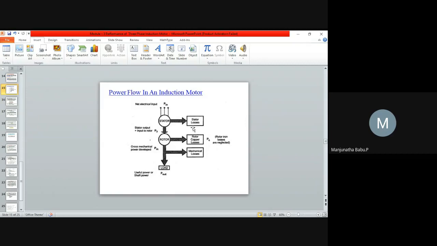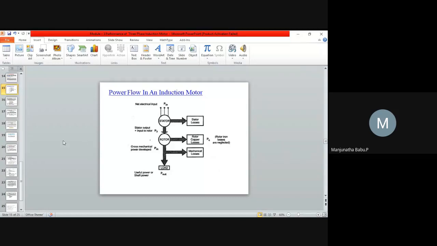How much are you getting for P2? Stator loss is given as 1 kilowatt, so 49 kilowatts is your P2, the stator output, which is equal to rotor input. Sir, can you repeat once again, sir? We have to find the efficiency.